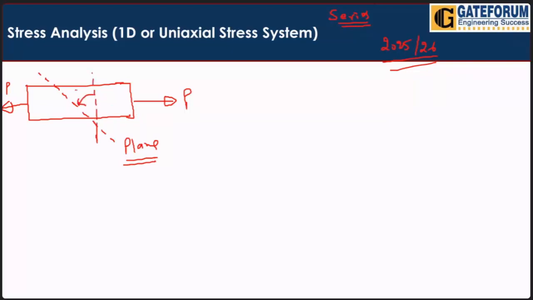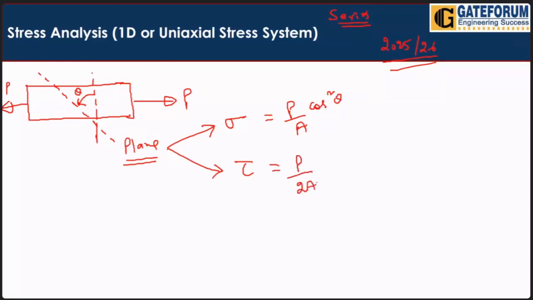What is the value of normal stress on this plane and what is the value of shear stress on this plane? So normal stress will be load upon area, P by A, multiplied by cos square theta, and shear stress will be equal to P by 2A multiplied by sine 2 theta.